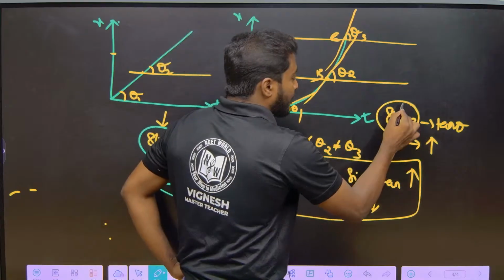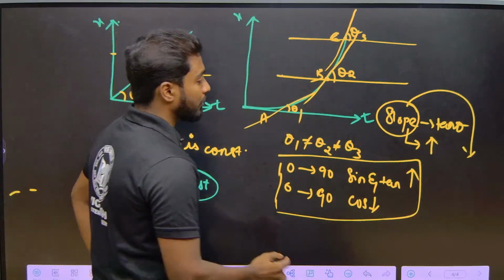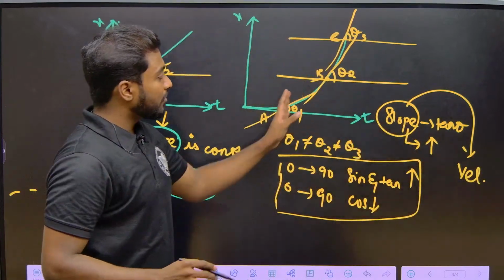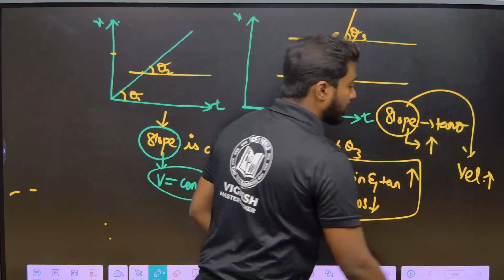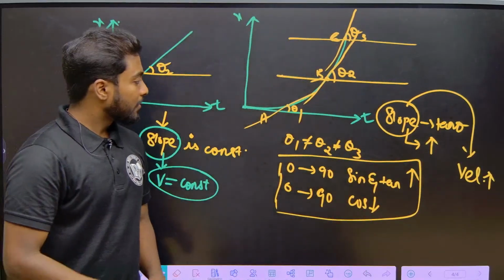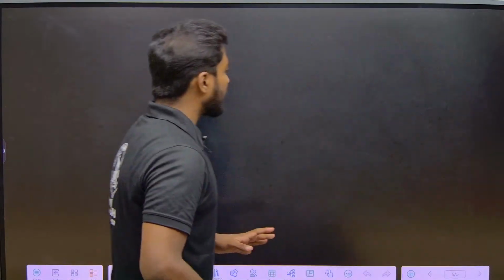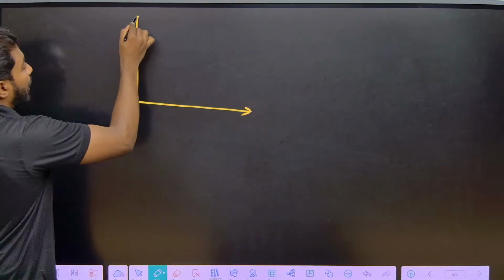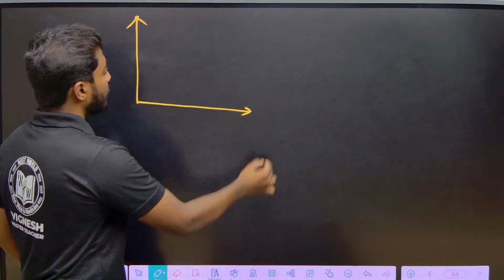The x-t graph slope gives velocity. In this particular graph the slope is increasing, so velocity is also increasing, right. We will go for the next two graphs, so you can understand how I can identify whether a graph is an increasing or decreasing function.